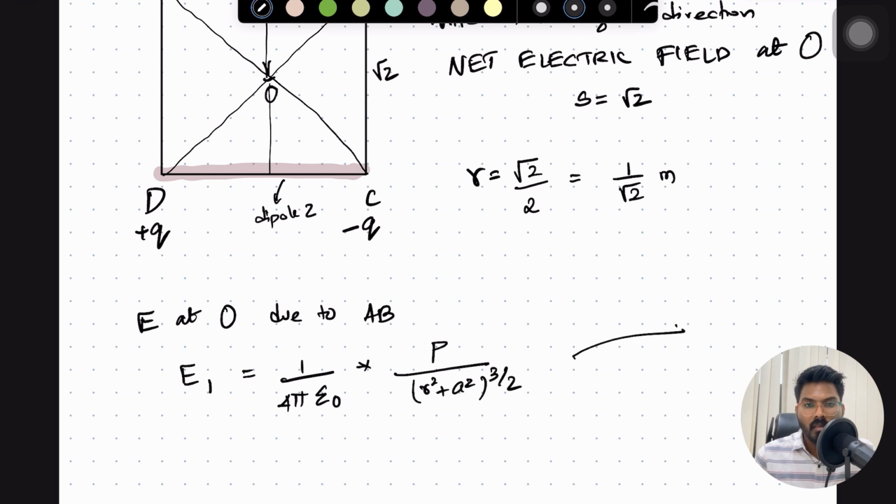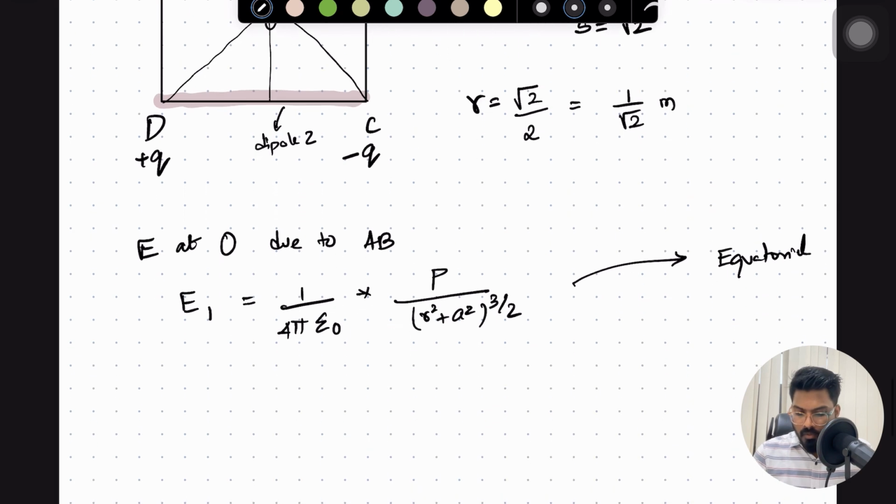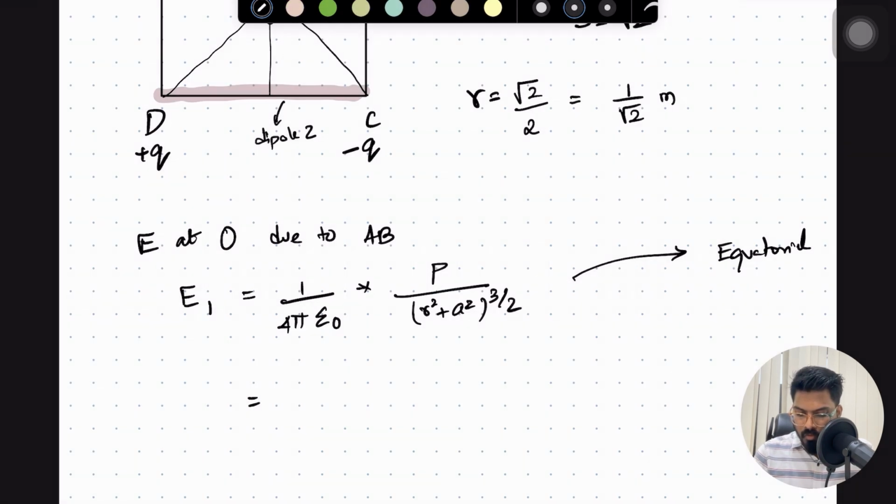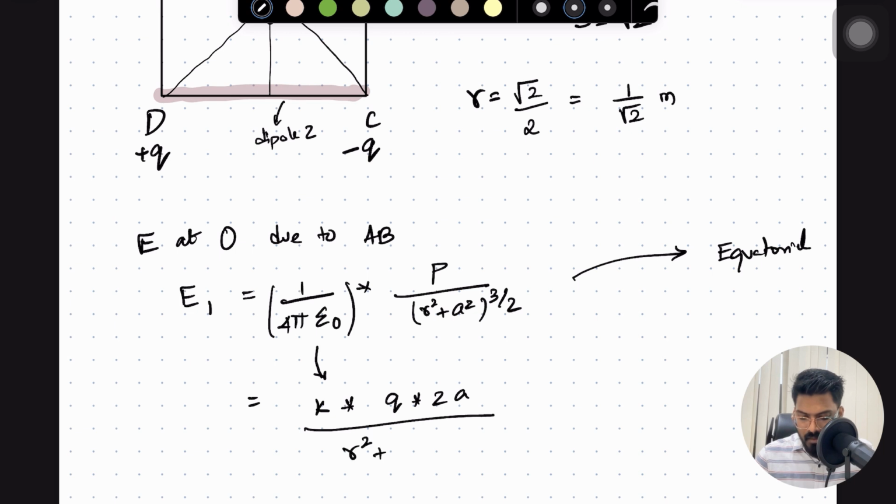Now this is for the equatorial electric field. This is the formula for that. In this, 1 by 4 pi epsilon naught I am taking as k. And then P, I could split P as Q into 2A. And the rest I keep as they are.